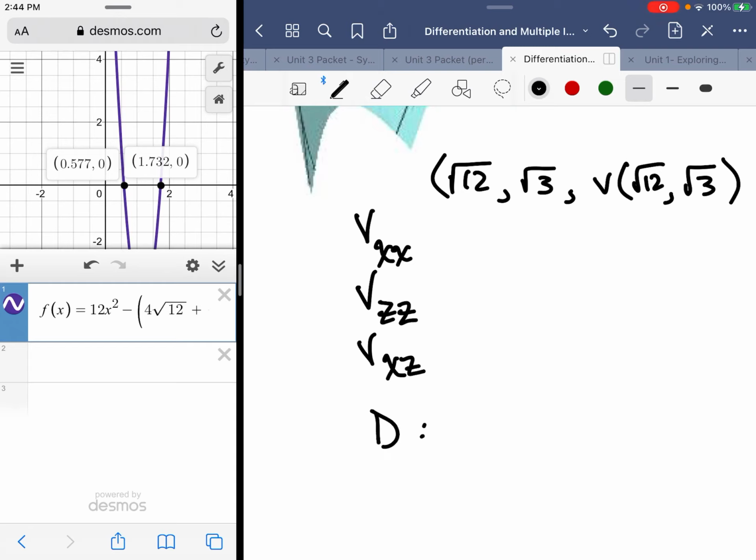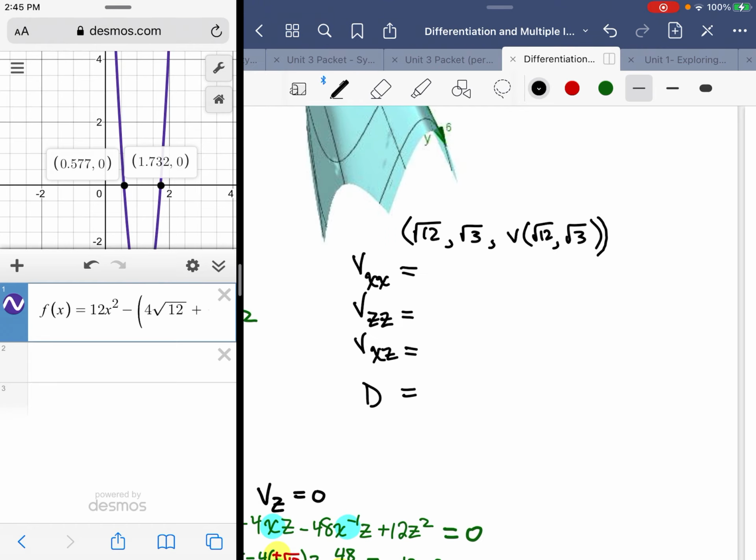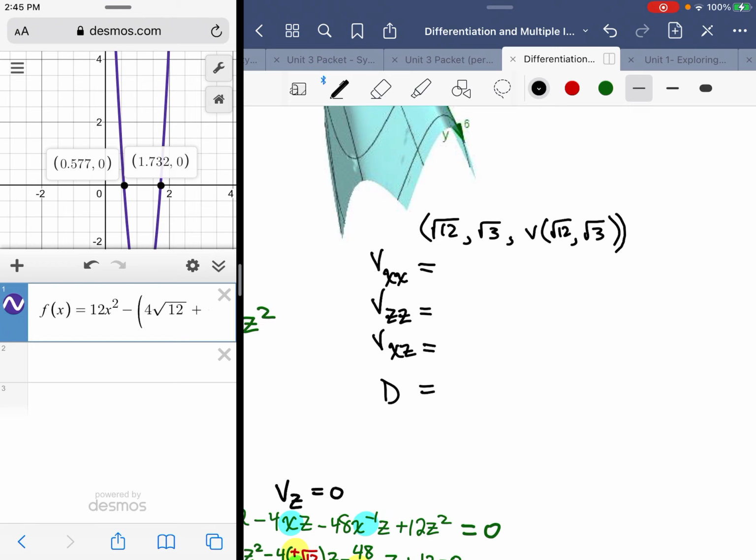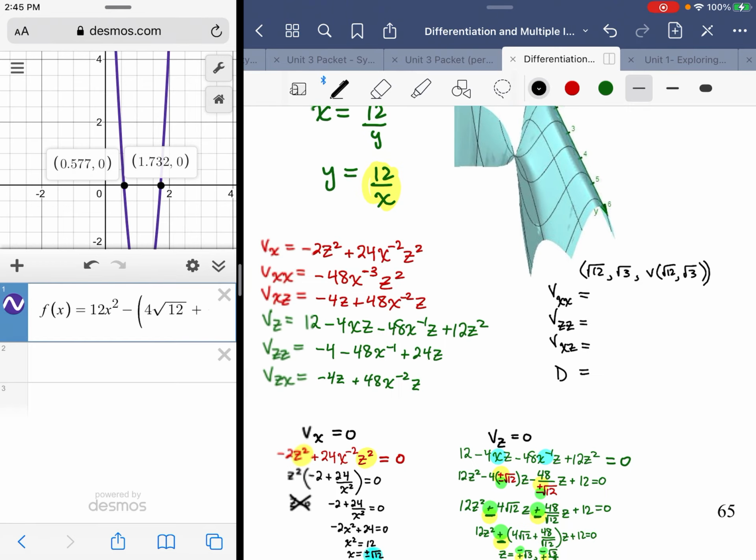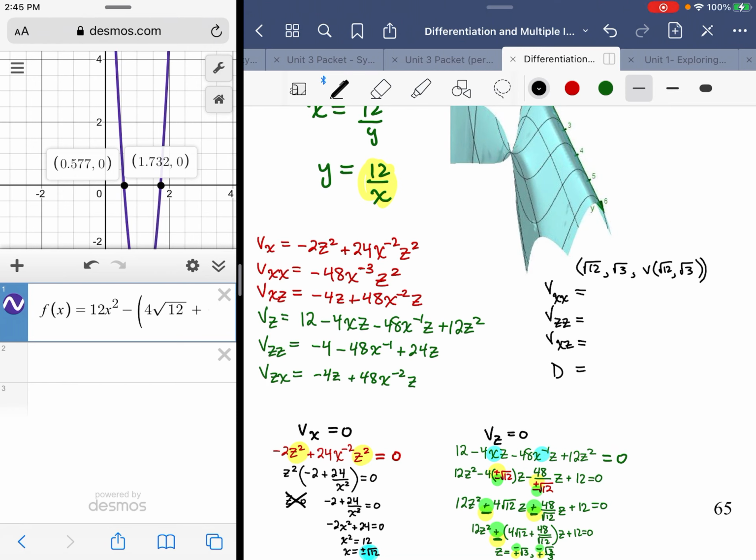So I need those values, and then I need my discriminant. Then I need to do the same thing again with radical 3 over 3, but one thing at a time.